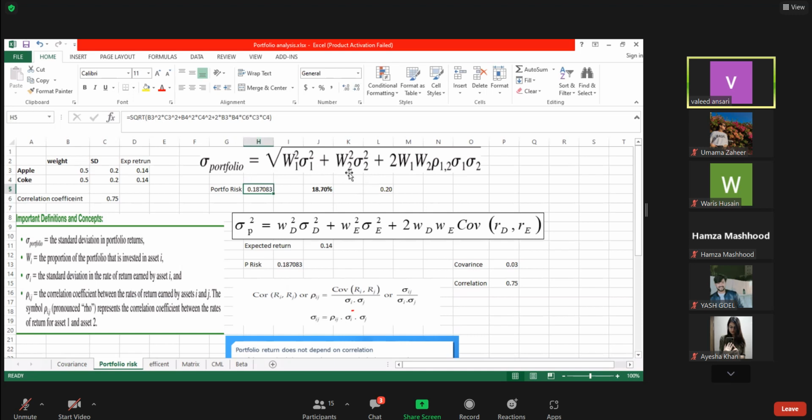B3, okay. B3 squared into C3, correct? Then B4 into C4, correct? Plus 2 into B3, B4. And actually I have missed out this one.